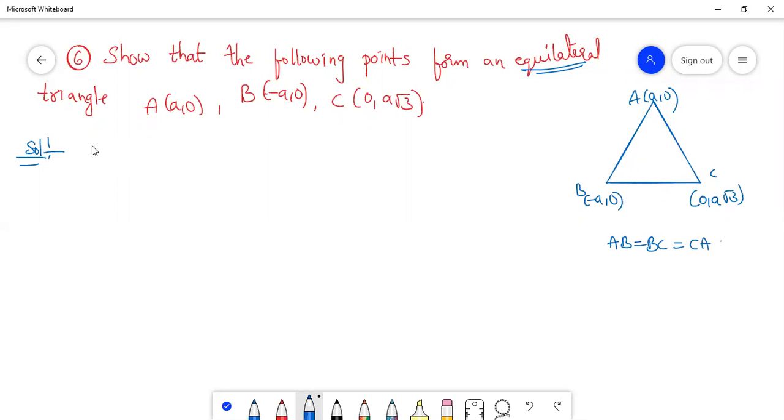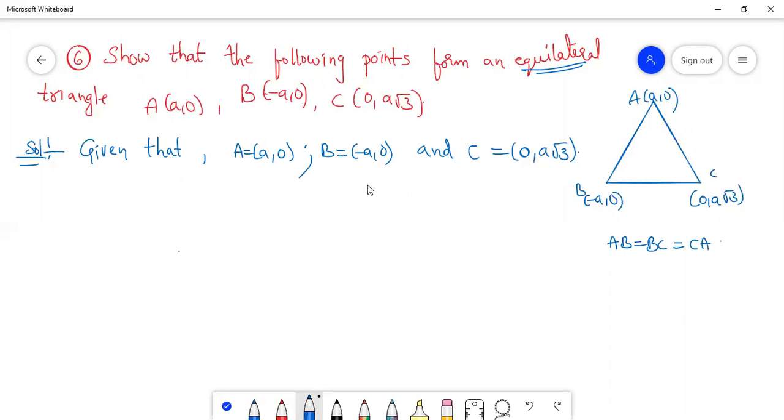Given that the given points are (a, 0), (minus a, 0), and (0, a root 3).